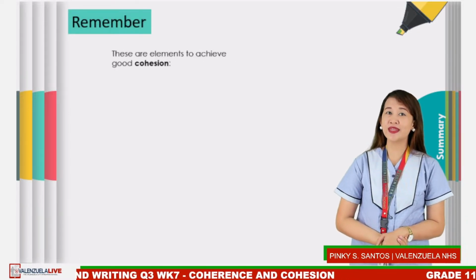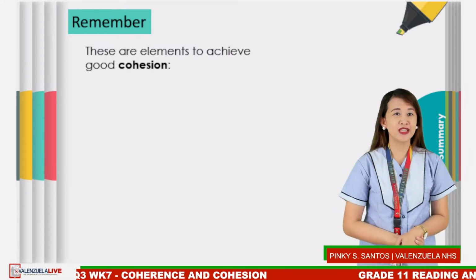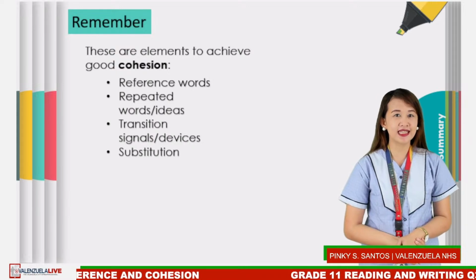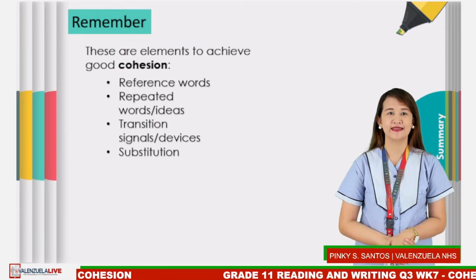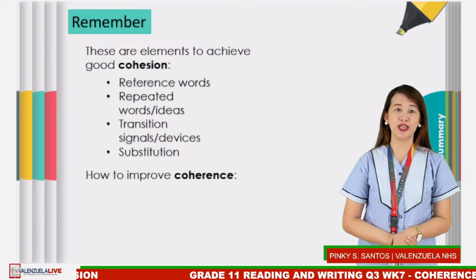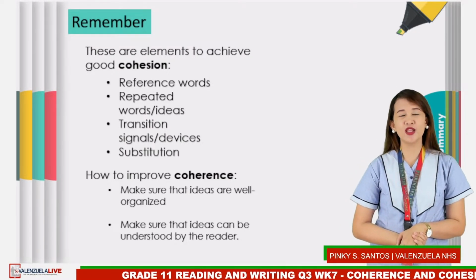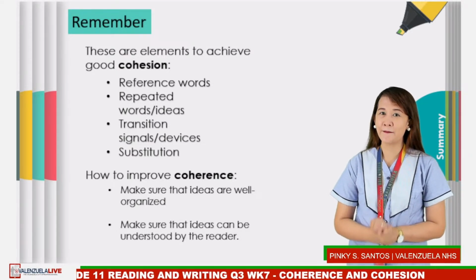So remember that these are the elements to achieve good cohesion: reference words, repeated words or ideas, transition signals or devices, and substitution. How to improve coherence? Of course, you have to make sure that ideas are well organized and that ideas can be understood by the reader.